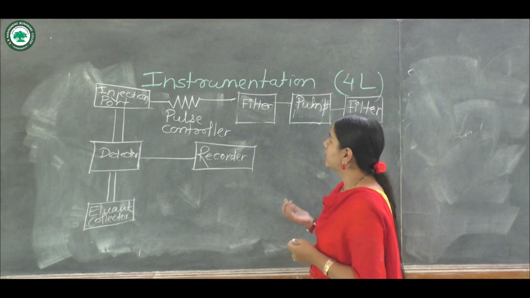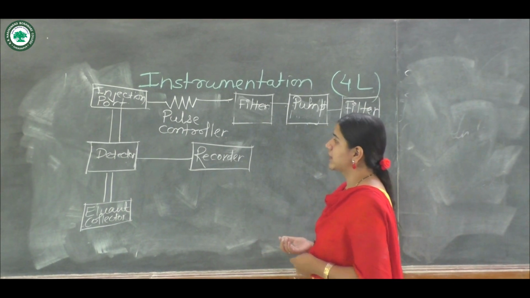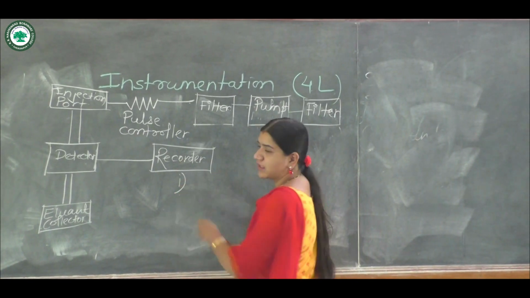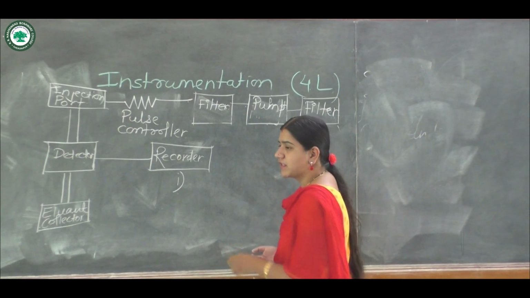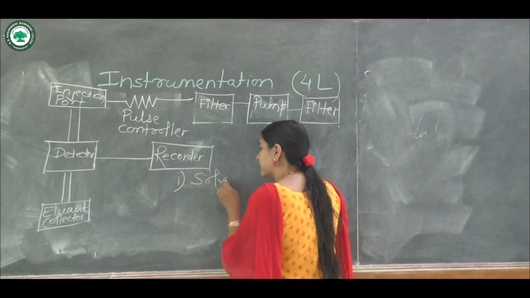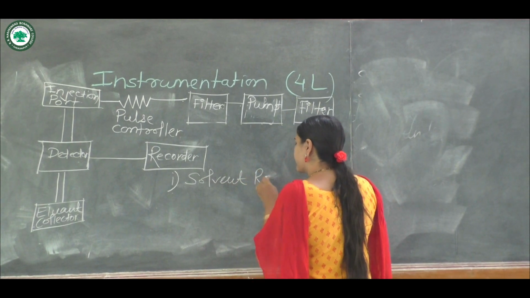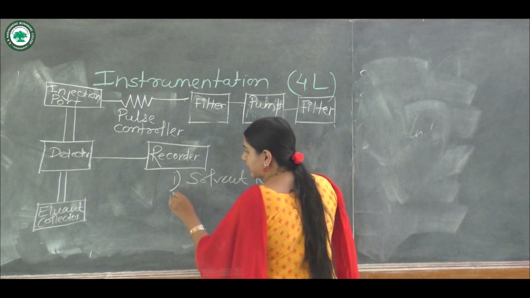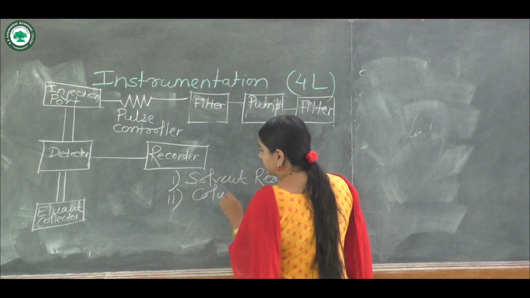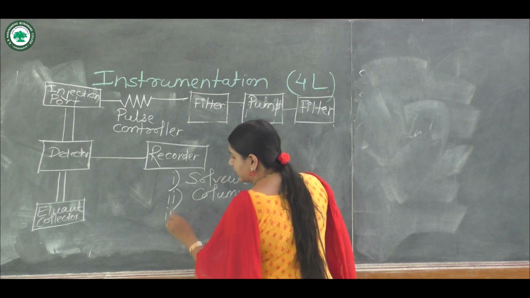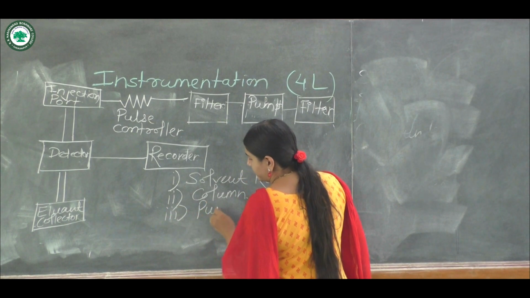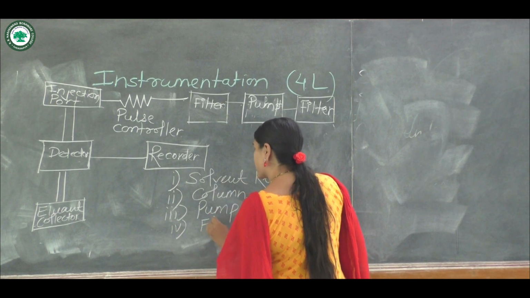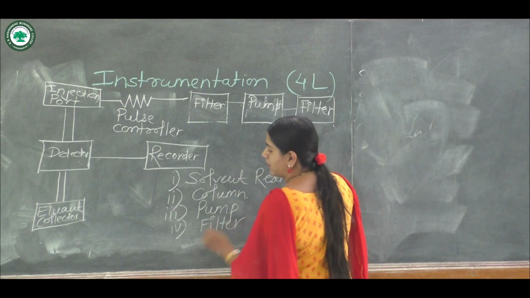Okay, so if you see the instrumentation of HPLC, the main important parts are: the first one is the solvent reservoir, the second one is the column, the third one is the pumping system or pump, and the fourth one is the filter which is also associated with the pump.